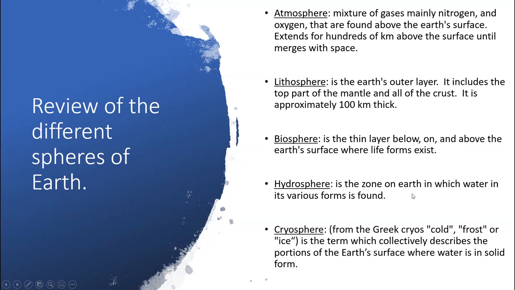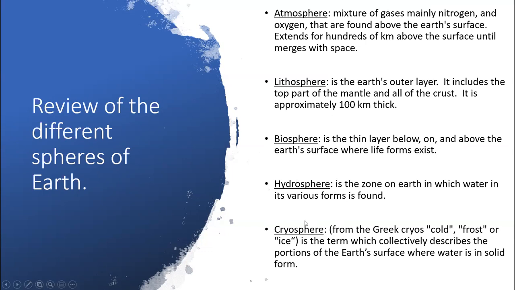Hydrosphere is the zone on Earth in which water in its various forms is found. Whew, that was a mouthful for me. Basically, if there's water, we're talking about the hydrosphere.